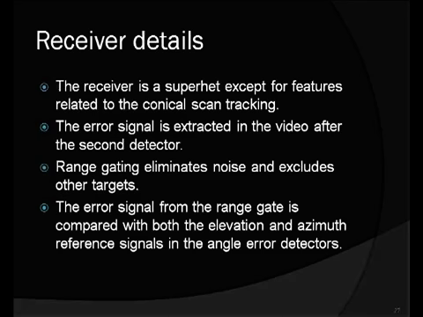Now, let us concentrate on the receiver. The receiver is a superhet receiver except for features related to the conical scan tracking. The error signal is extracted in the video after the second detector.